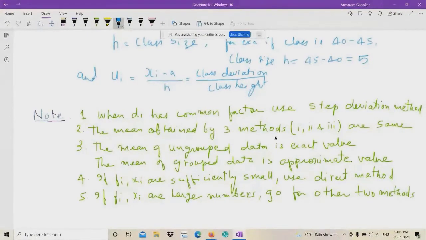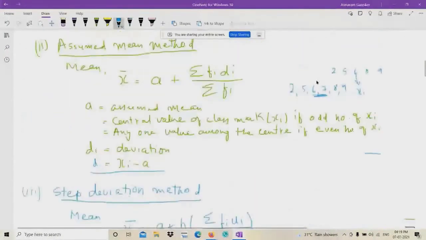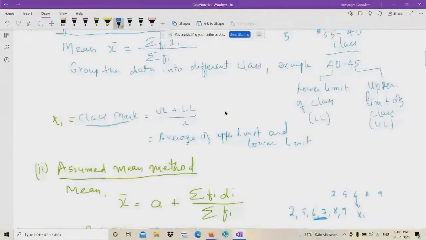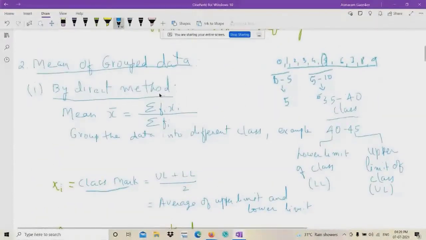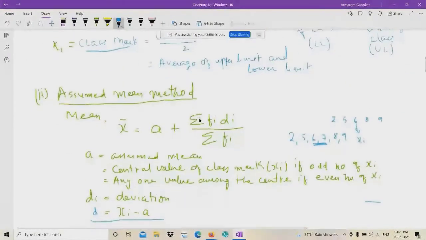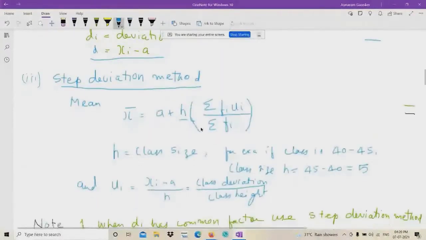The means obtained by the three methods are the same. You must have solved some problems from the textbook. If you use the direct method, the assumed mean method, or the step deviation method for the same data, you will find that the mean obtained is the same in all these calculations.